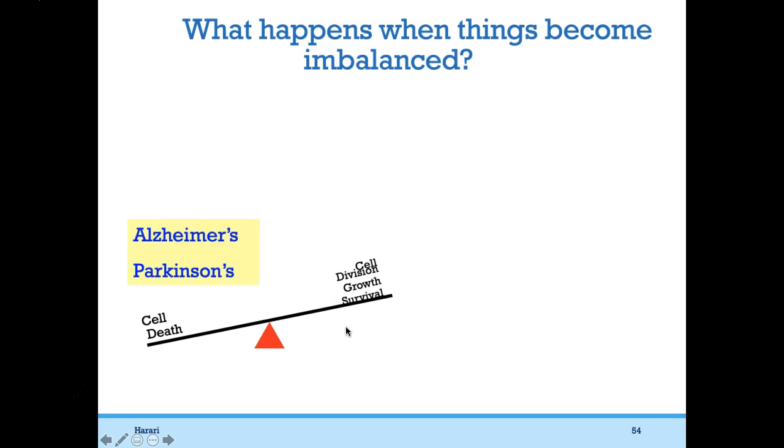Well, you can have diseases like Alzheimer's or Parkinson's, right? Those are neurodegenerative diseases, meaning the neurons are not developing properly enough, they're not connecting properly, and they start dying. So there's too much cell death in neurodegenerative diseases like Alzheimer's and Parkinson's, right? Not enough cell growth and survival.